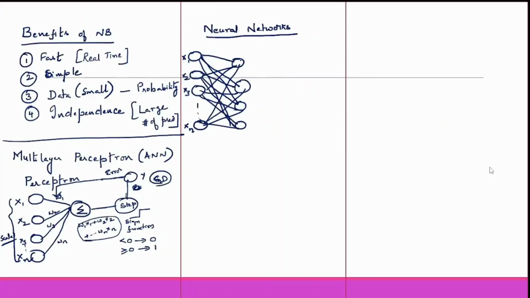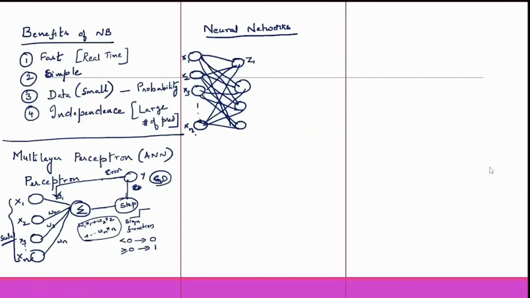So what is happening here now? Probably this node, let's say we call it Z1. So Z1 becomes W11X1 plus W12X2 plus W13X3 plus so on, W1nXn. This is what is becoming Z1.